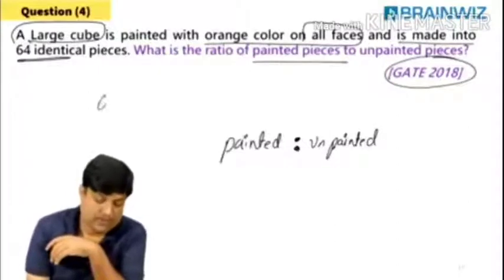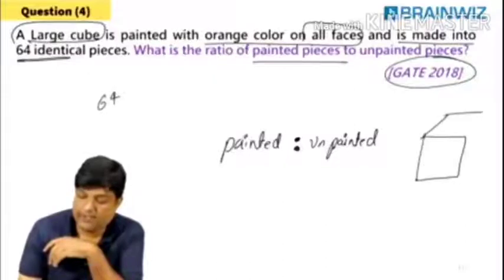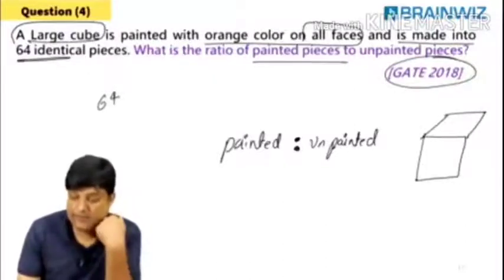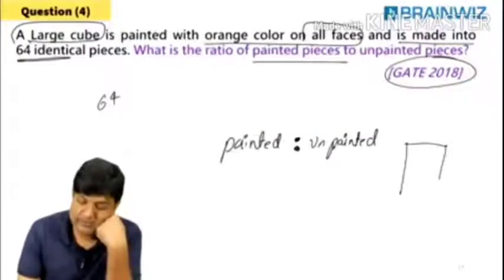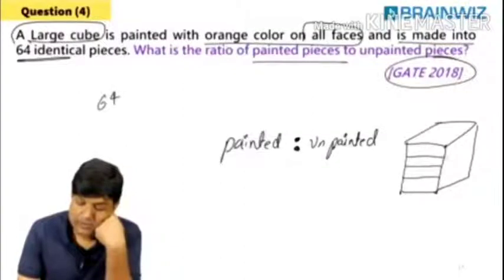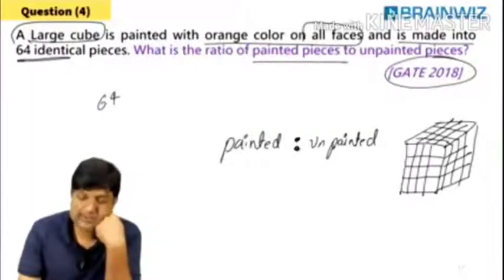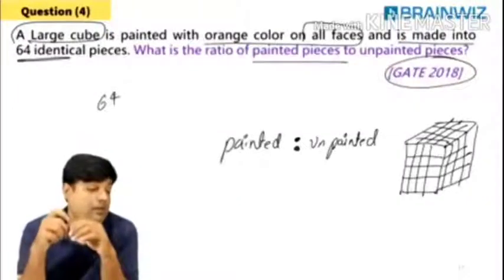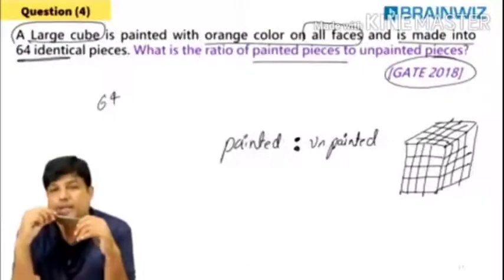Okay, 64. This is a way. You need not draw the diagram first of all, but I am drawing it for perfection. Three cuts on the x-axis, 3 cuts on the y-axis, 3 cuts on the z-axis. Painted to unpainted.